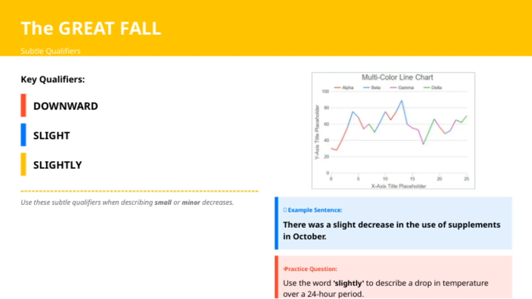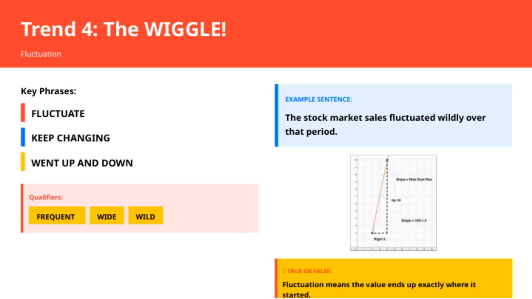And when we see a great fall, we're talking about a much more significant downward movement. So in summary, these words, slightly, slight, downward, are all part of what we call key qualifiers. They help us present data in a nuanced way, especially when the change isn't large, and they keep our analysis precise and balanced.